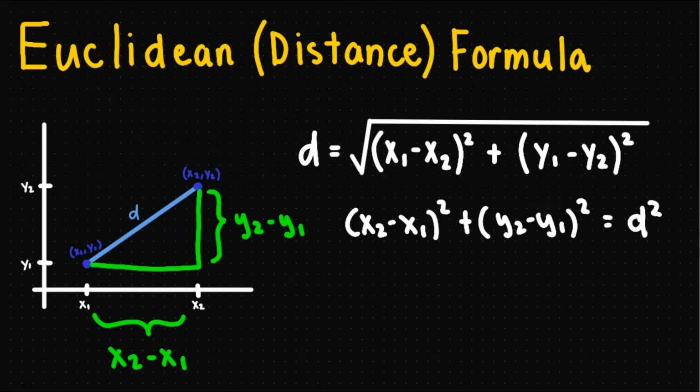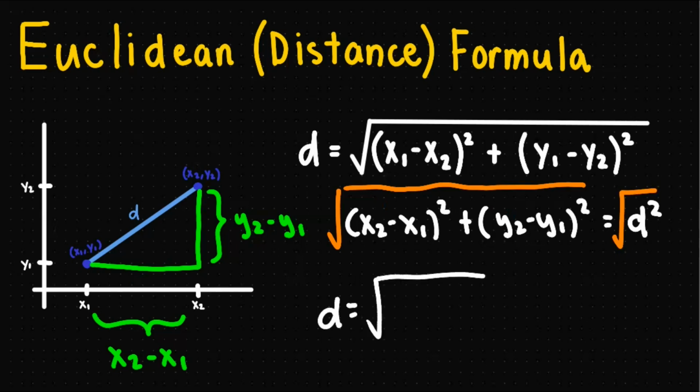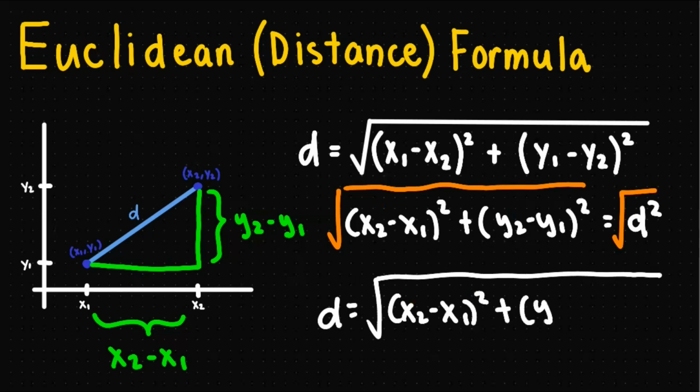From here, we simply take the square root of both sides, which gives us d equals the square root of x sub 2 minus x sub 1 squared plus y sub 2 minus y sub 1 squared.